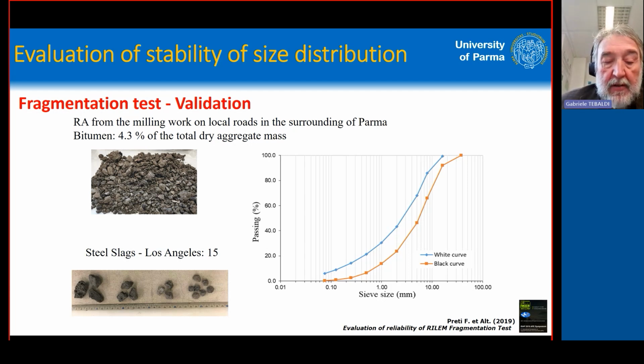And we also took some steel slag. And we tested 100% RAP and 50-50. Okay, these are not realistic, but the idea is that in some cases you may have stiff aggregate, a blend of stiff aggregate, or a blend with steel slag, which in some parts of Italy is currently used for wearing courses.